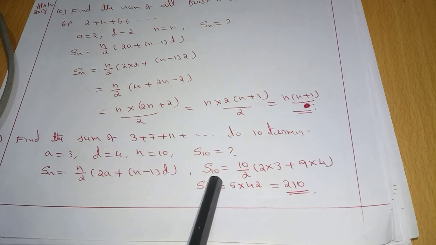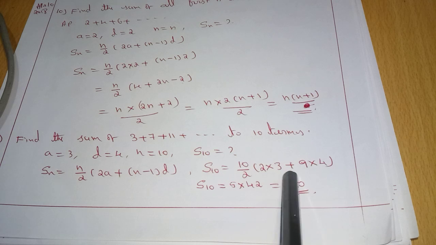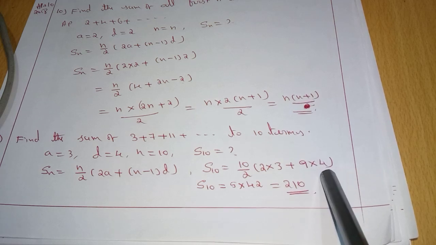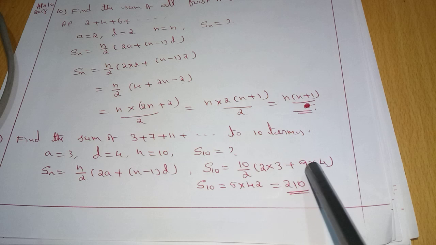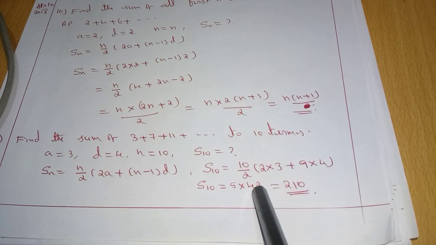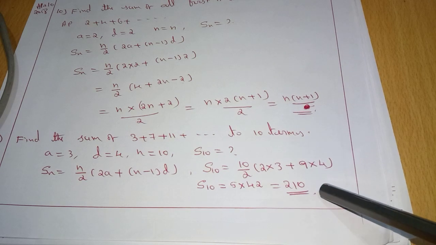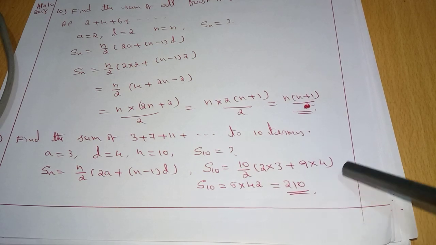S10 is equal to 10 by 2 into 2 into 3 plus 9 into 4. 9 fours are 36. 2 threes are 6. 36 plus 6, 42. 10 by 2, 5. 5 into 42 is 210.